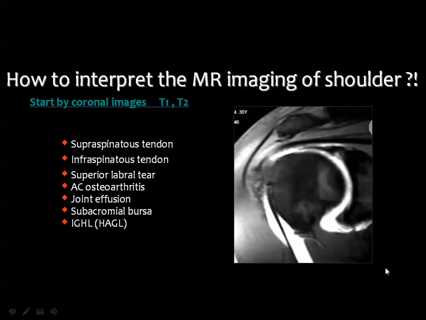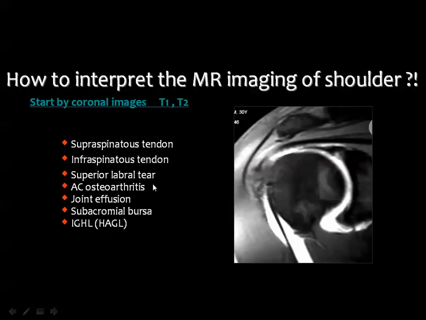Then, how to interpret the images of the shoulder by MRI. This is just a recommended approach if you want to go through this. If you have another idea, it's good. In my opinion, you should start with the coronal images in T1 and T2 weighted images.